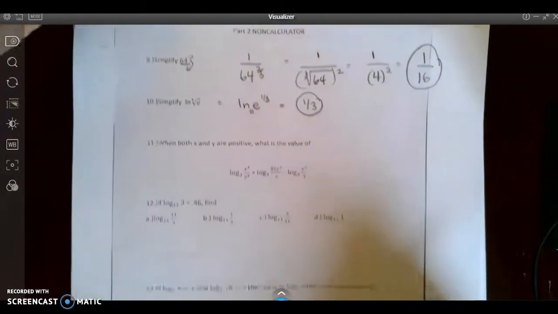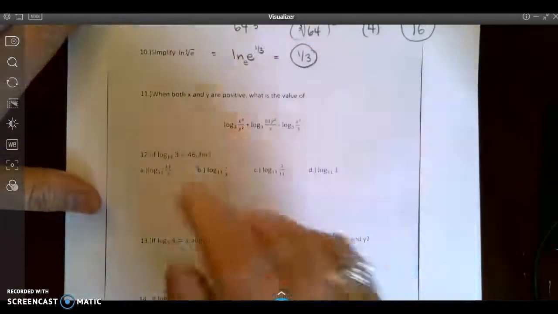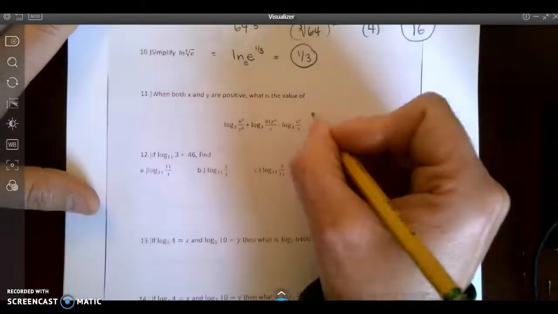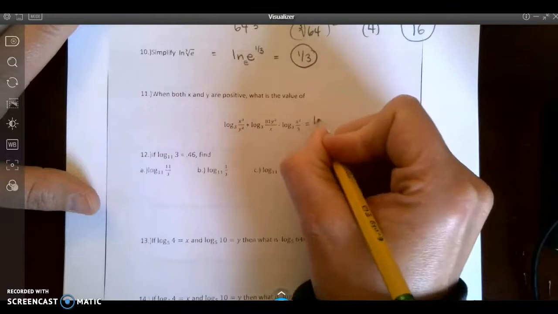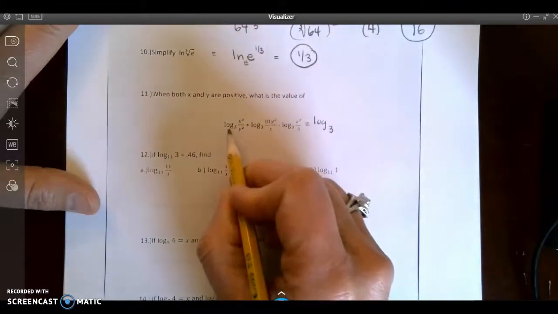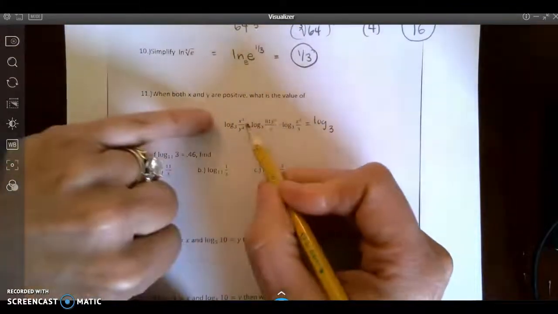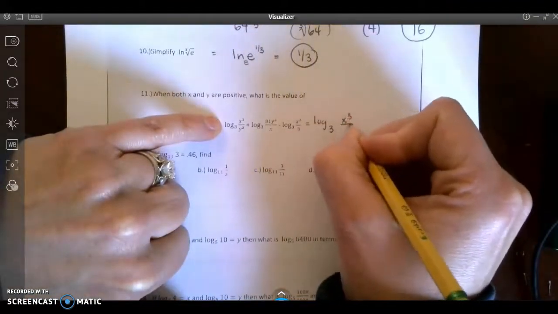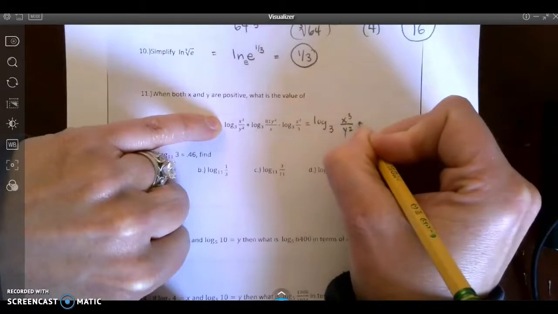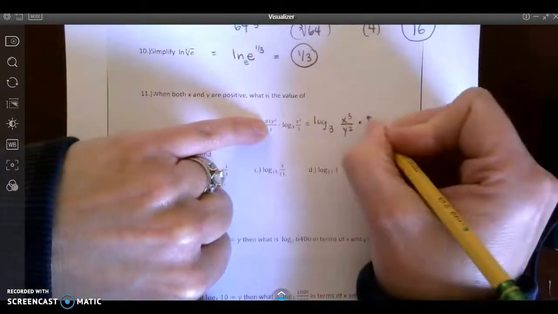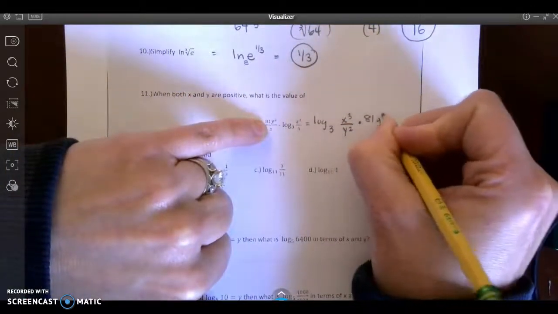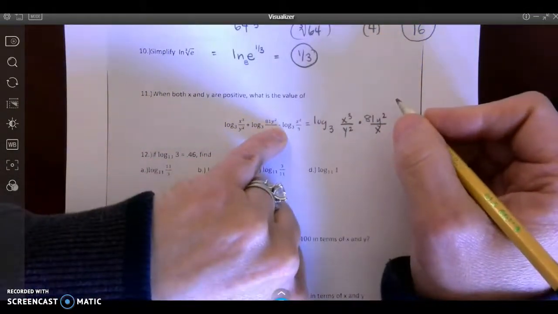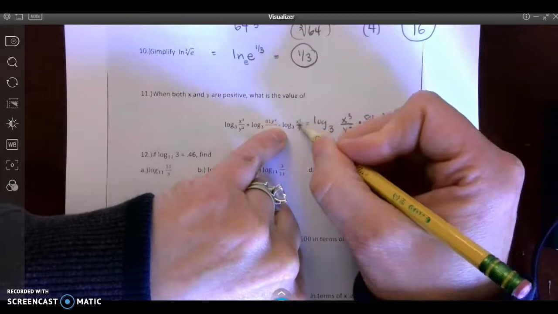All right, number 11. When both x and y are positive, what is the value of this? So we're going to have to do some simplifying here. I've got log base 3. They're all log base 3. And I'm going to take x cubed divided by y squared, and I'm going to multiply it by 81 y squared over x, and then I'm going to divide it by x squared over 3.